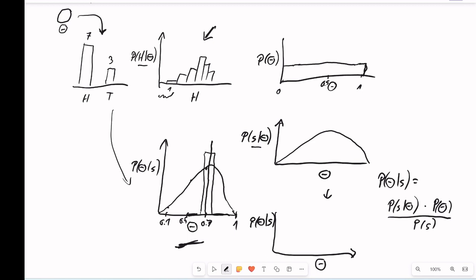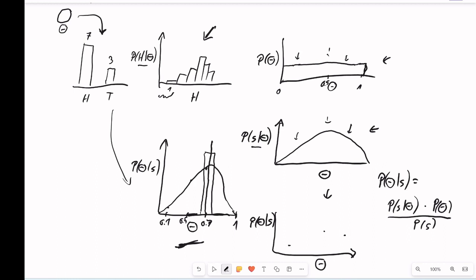And our numerator is the product of the distribution that we have here and the distribution that we have here. So this means we're going to take this product for every value of theta. We can take it for this value, and we'll end up with a point here. We'll take it for this value, and we'll end up here for some lower value.